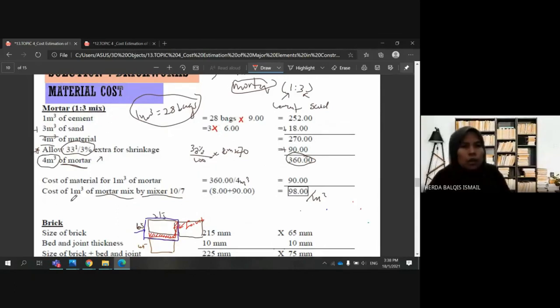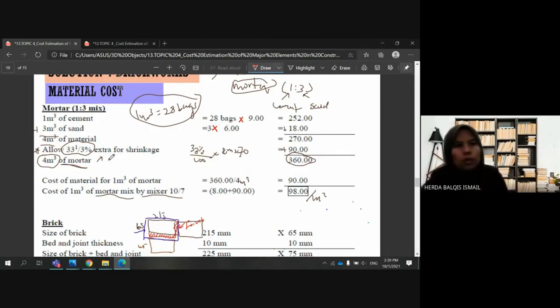The amount of material will reduce due to the shrinkage, so you need to consider extra in order to gain the exact value of material. So you need to allow for the shrinkage. The constant of the shrinkage is stated in the table.